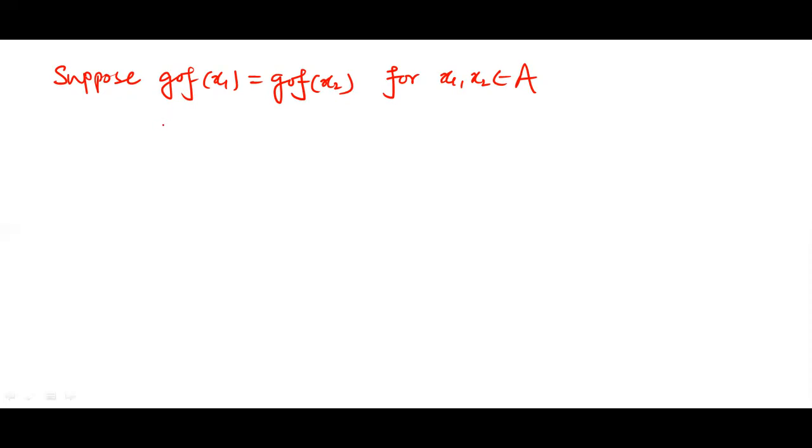By definition of composition of function, g naught f of x1 is equal to g of f of x1, and g naught f of x2 is g of f of x2.